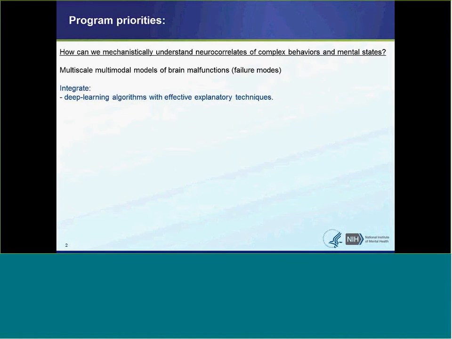We are integrating at many levels. For instance, if we are coming in with a deep learning model, we would like this model to also provide explanation for all the classifications and predictions. And there is a big focus on integrating theory and data-driven models at the same time.